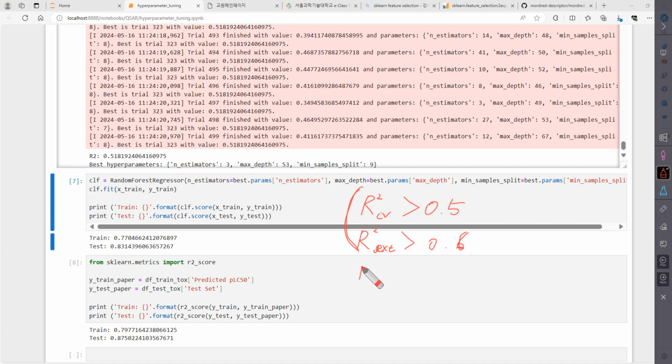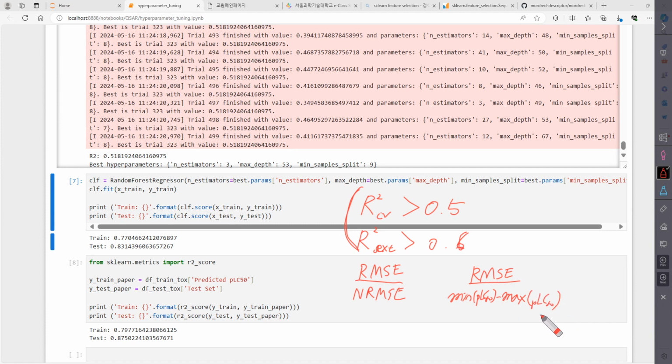It's still okay because you can measure your model's accuracy with the RMSE, root mean squared error, and NRMSE, normalized root mean squared error. It's calculated with this RMSE divided by the range of the endpoint, which means the minimum value and maximum value of the endpoint, in this case the PLC50 value.